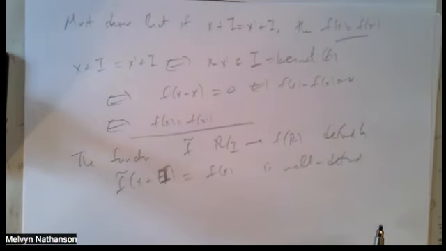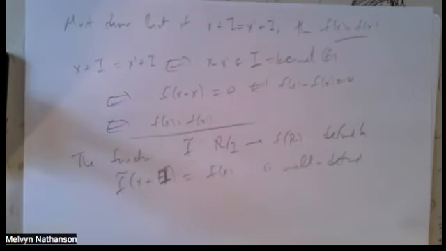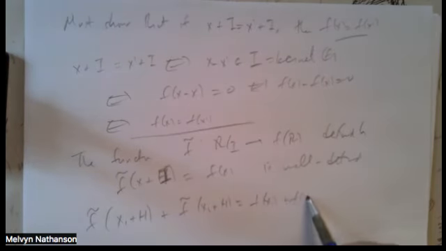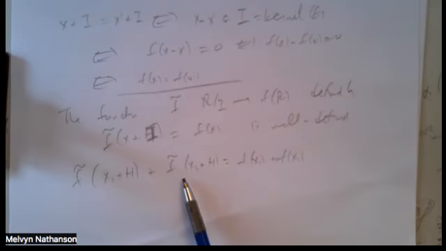And now that we know it's well defined, the rest is almost automatic. F tilde of X1 plus I plus F tilde of X2 plus I, that's F of X1 plus F of X2. That's how we defined F tilde. But F is a homomorphism.